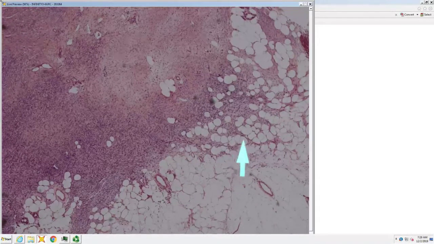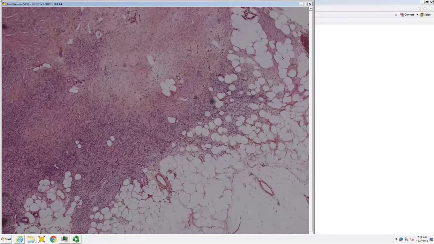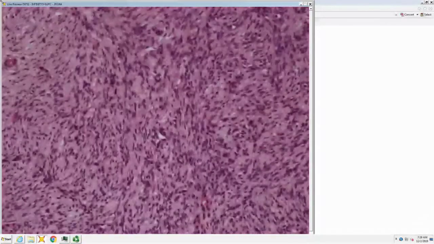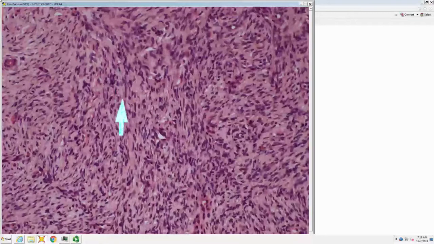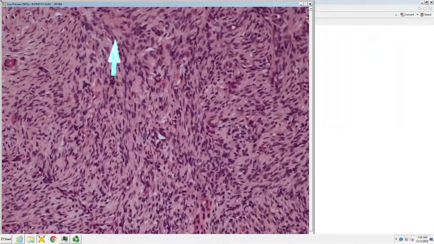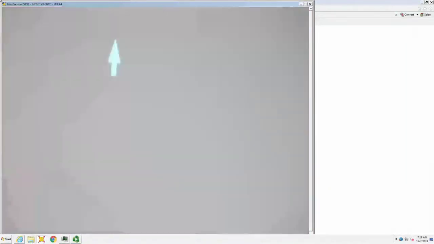So in the fat you're getting some parallel strata, very coarse honeycomb pattern into the fat, and you have a storiform pattern in the dermis, woven pattern with alternating very skinny dark nuclei and very pale oval nuclei. It's the same nucleus that is disc-shaped, and in alternating fascicles you're either looking at it en face or you're looking at it at an angle. So that nuclear characteristic is also very characteristic of DFSP. Very good.